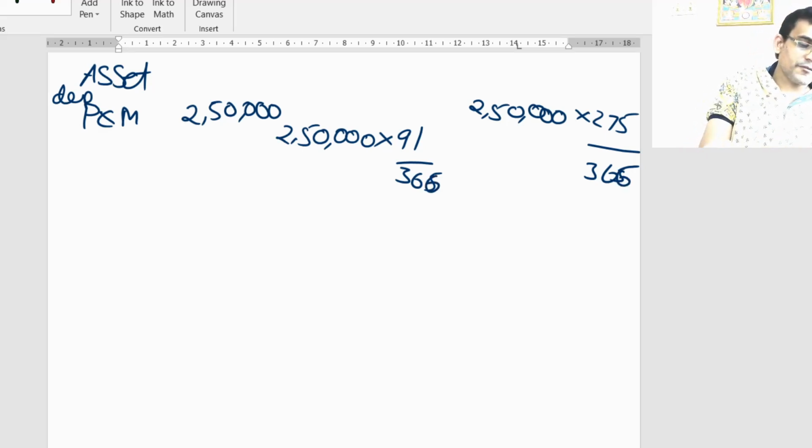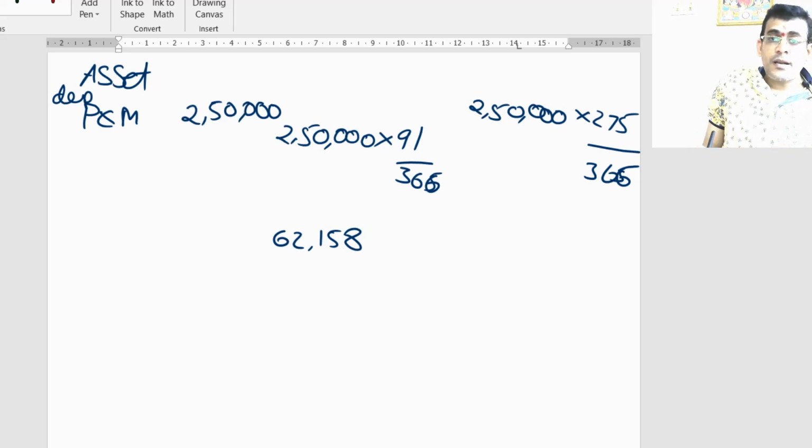Now what will happen, 2,50,000 into 91 divided by 366 is going to give you 62,158. Then 2,50,000 into 275 divided by 366 is going to give you 1,87,842, rounded off.